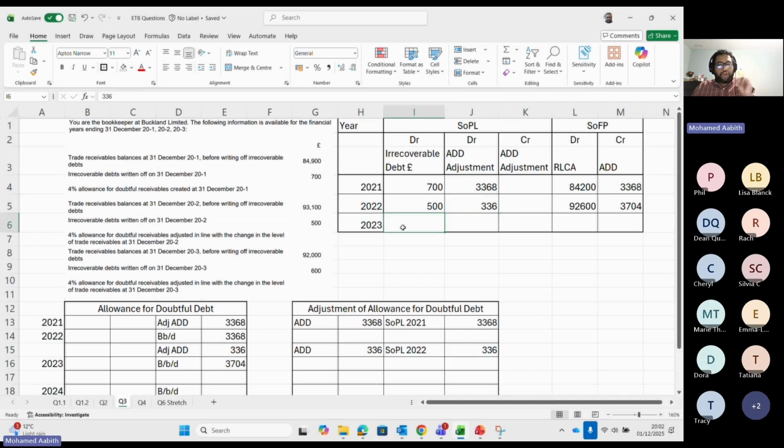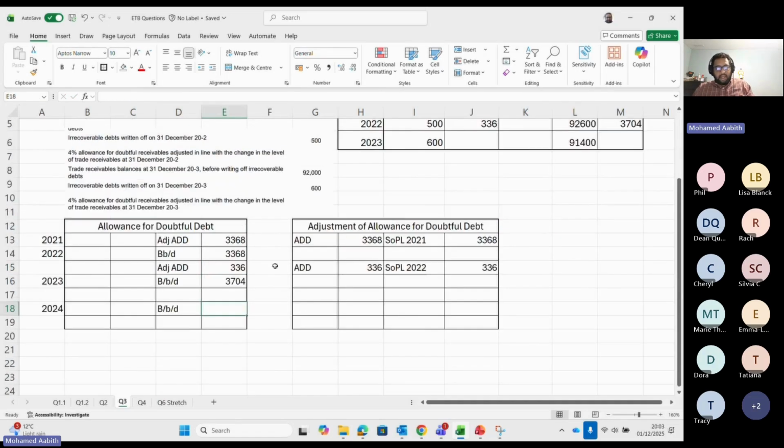Now things are all going to change. At the moment, the allowance for doubtful debt is 3,704. What is my net receivables at the moment? It is 92,000 minus the 600, which is 91,400.